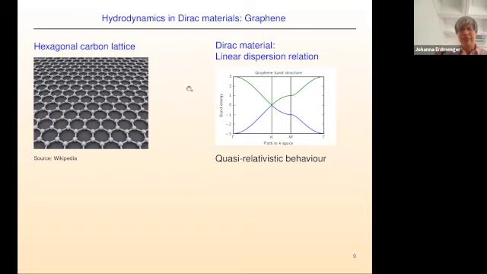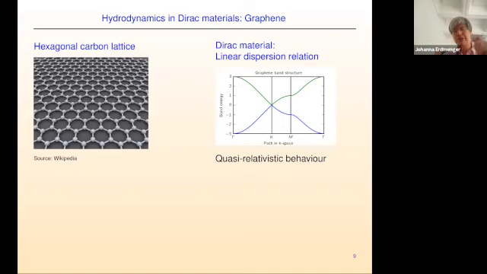And also another word I have to introduce is this word Dirac material. Okay, so this is very important for applying AdS/CFT. So here we have the so-called Brillouin zone, which you probably know from condensed matter.